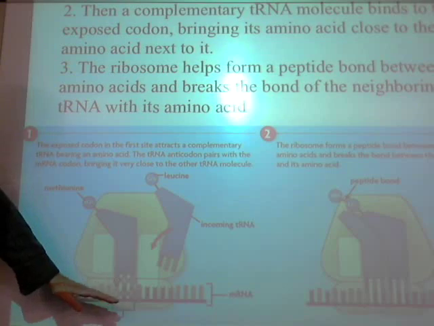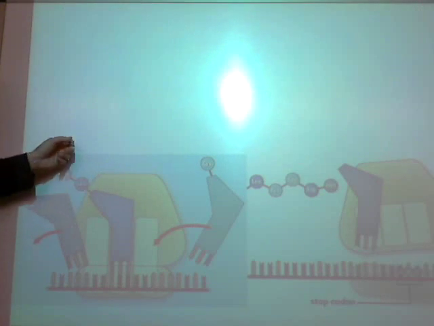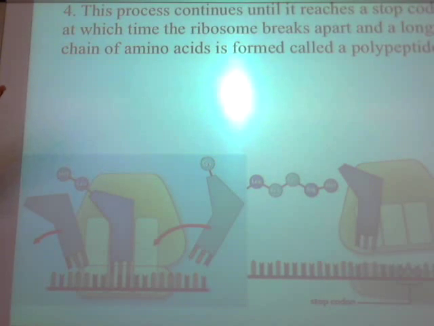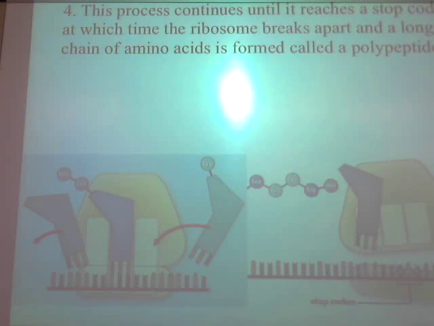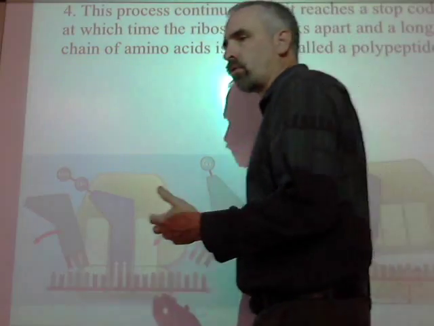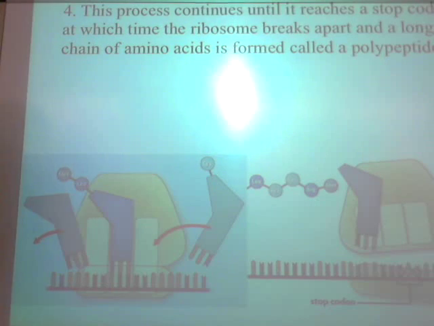Eventually, you will reach what's called a stop codon. All right. When it reaches the stop codon, the ribosome breaks apart, and a long chain of amino acids breaks off, and it usually goes and does something else as well. It usually gets folded up into a 3-dimensional structure that will go out into the cell and do whatever function that cell's supposed to be doing.